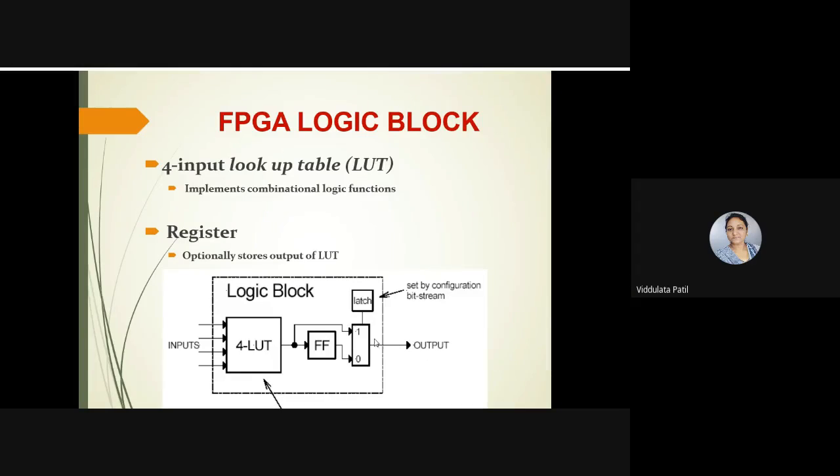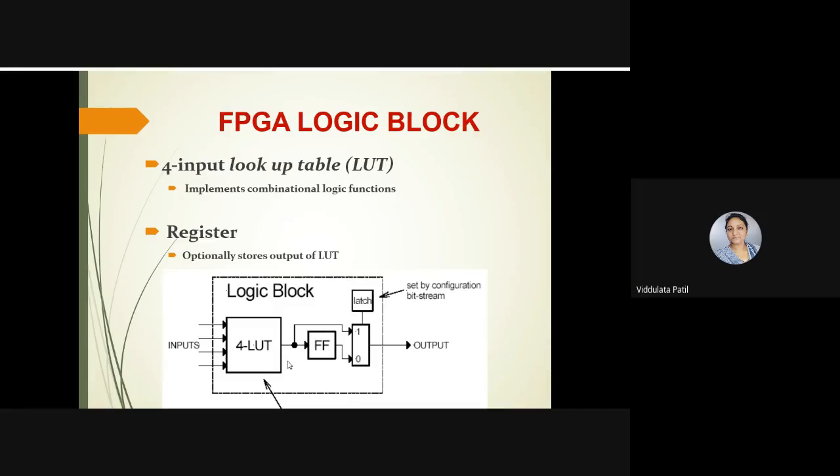at the output. If you are going for a combinational logic circuit, it will bypass this flip flop, and the output of the lookup table will be directly connected to this multiplexer. But if you are going for a sequential design, then this flip flop will be there, and the output of the lookup table will be connected to the multiplexer through this flip flop.